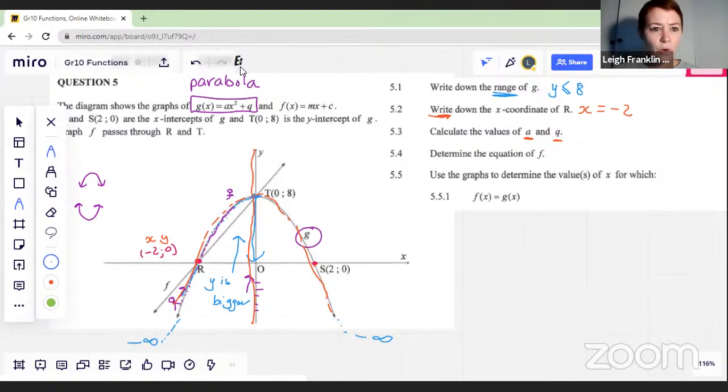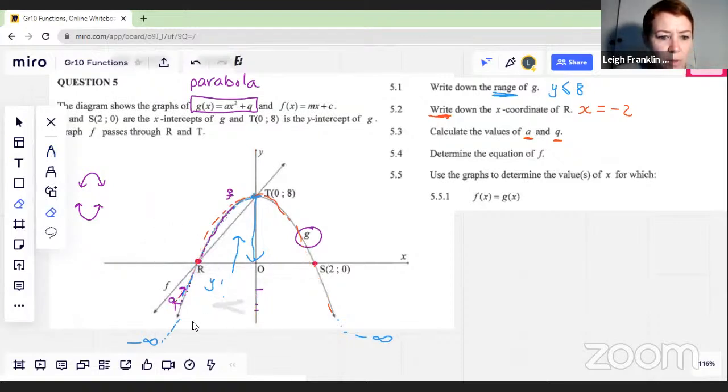Okay, so Nazol, you said that a was equal to -2 and q was equal to 8.